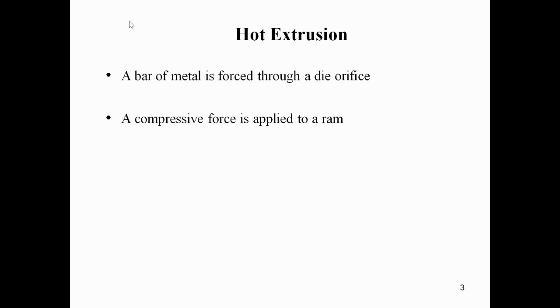Hot extrusion consists of placing a heated billet in a container and forcing it through a die by application of pressure from the ram. By the ram, we apply the pressure on the hot billet so that the billet can pass through a set of dies.